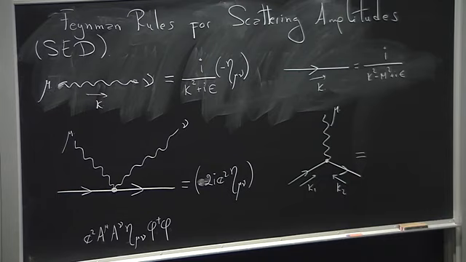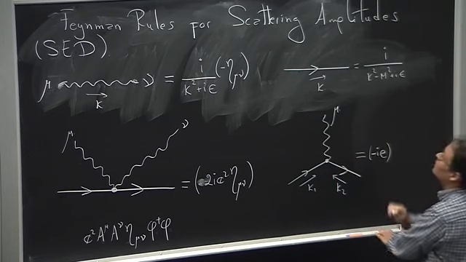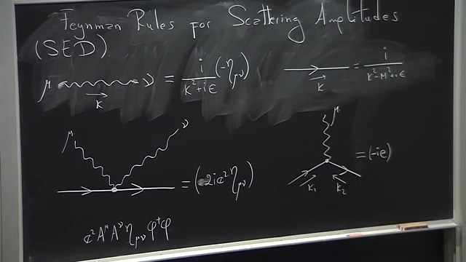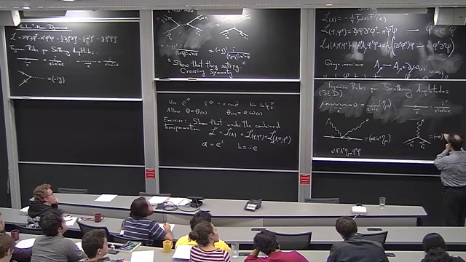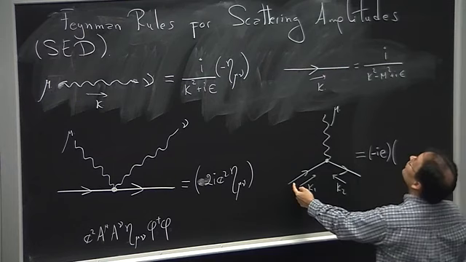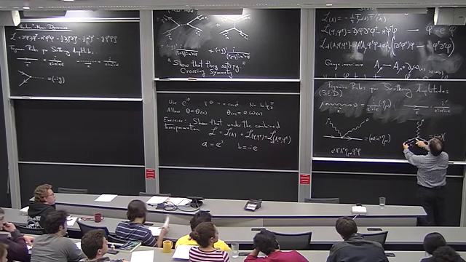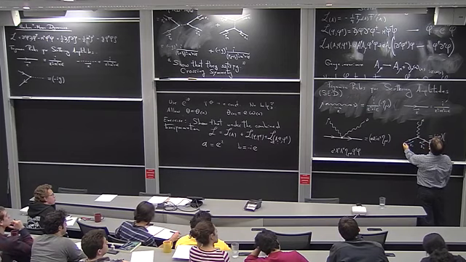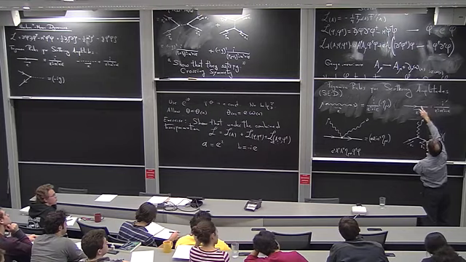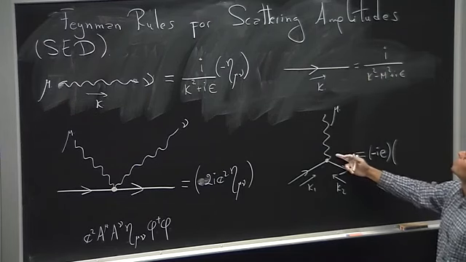So what is it going to be? Well, it's going to be minus iE. Of course, it has to be proportional to that. And then, what do we get? Well, we will get a K coming from the nucleon. But the first term, sorry, let's start with the first term. The first term has a derivative acting on the anti-nucleon, okay?